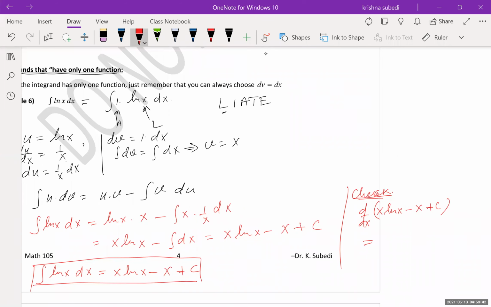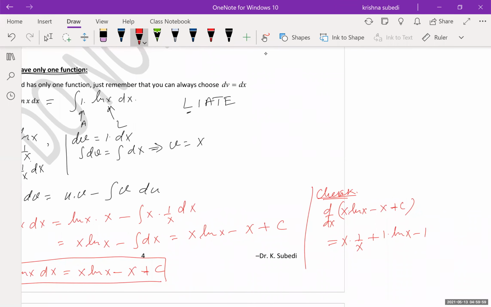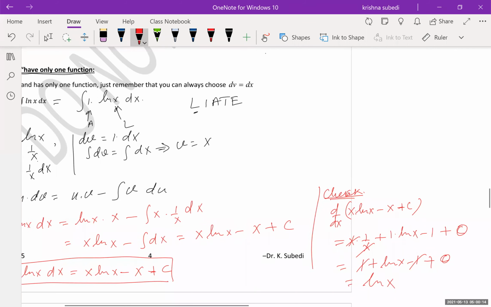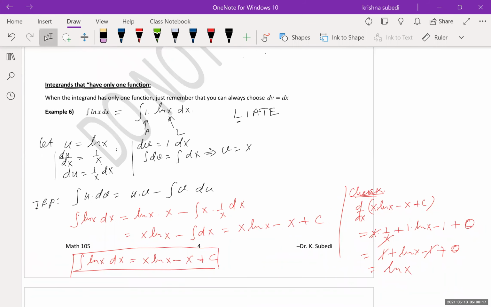If I find the derivative using the product rule, copy the first, then the derivative of the first, which is 1 over x, plus the derivative of ln x, minus 1 plus c. So this cancels out. You're going to get 1 plus ln x minus 1 plus c. This cancels out. This c will be 0, by the way. So you're going to get ln x, and that's what it is, right? Our answer is correct. So you can check your answers by differentiating. I think we have been doing that right from the beginning.